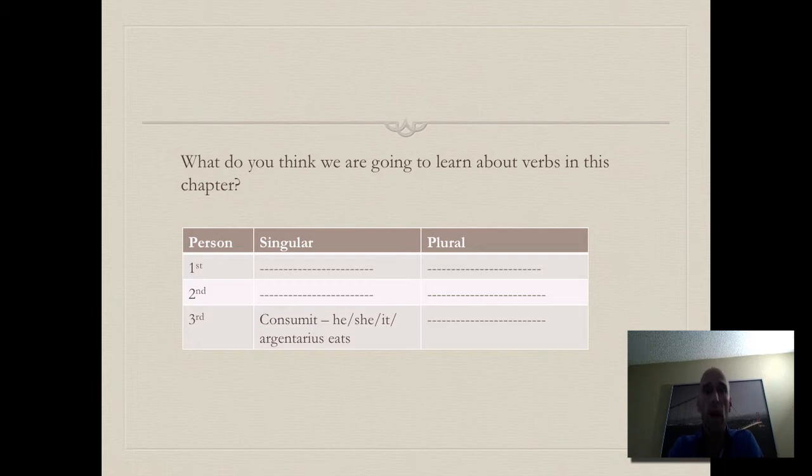So if you look at this table right here that I've assembled, I've got the first person, singular and plural, have nothing there. Same with the second person, singular and plural. Really, the only conjugational form that we've learned is the third person singular, consumit, like he, she, or it, or Argentarius. I should have put the banker, eats.